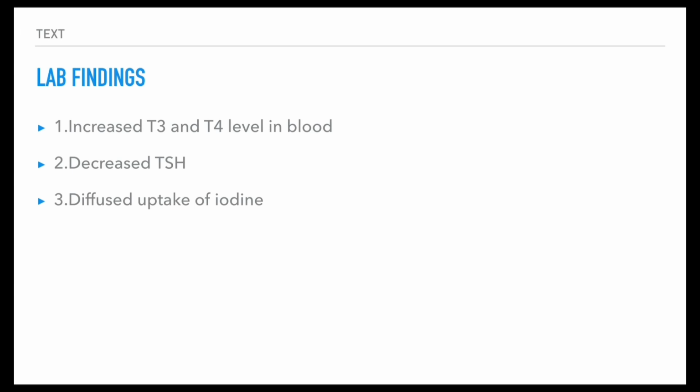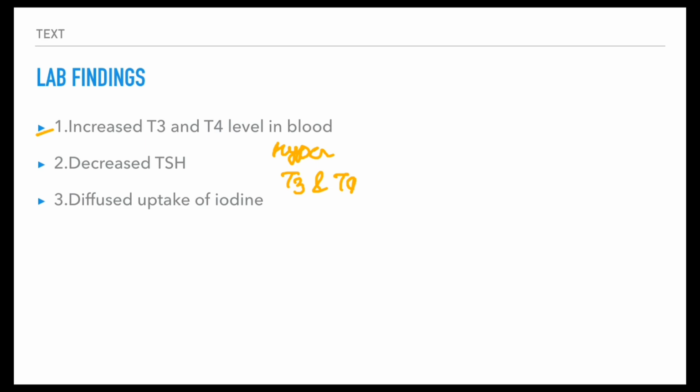So what are the lab findings in case of Graves' disease and how is it different from a normal hyperthyroidism case? There is increase in T3 and T4 levels in blood, as we have already seen in hyperthyroidism. It is a case of hyperthyroidism, and hyperthyroidism is due to increased levels of T3 and T4.